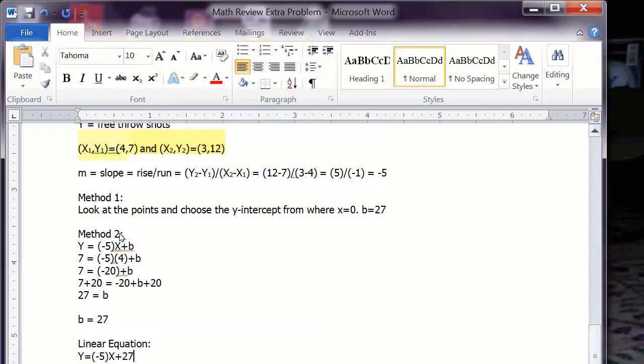So that would be our linear equation of a line. And y is our free throws and x is our tequila shots. We can plug in any number of tequila shots for x, and we can get a guess as to how many free throws our players are going to make.